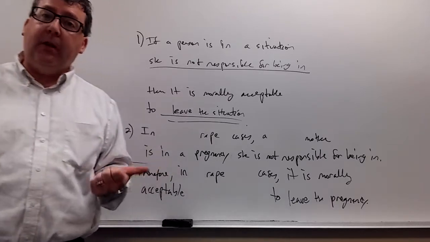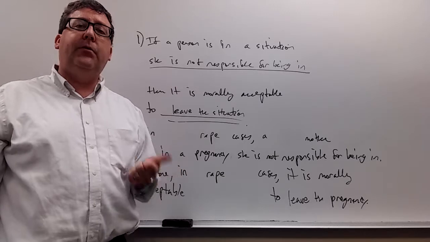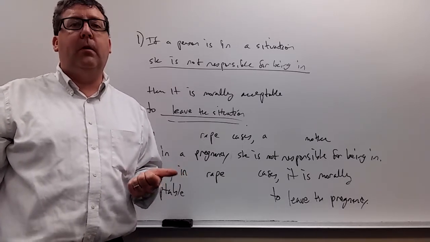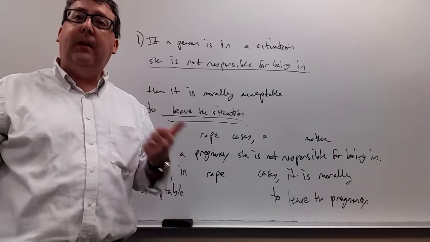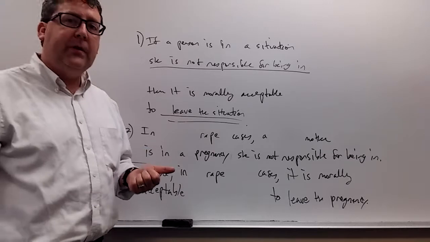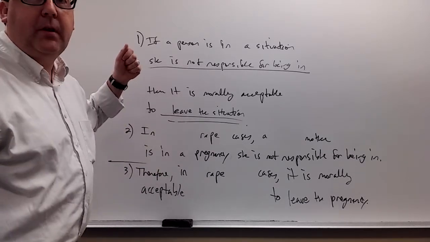Alternatively, you can say it's a good argument. What you're supposed to do if you're saying it's a good argument is to defend the argument from an objection. Defending means you're replying to the objection that someone else might have to the argument. So you could say, I think this is a good argument.